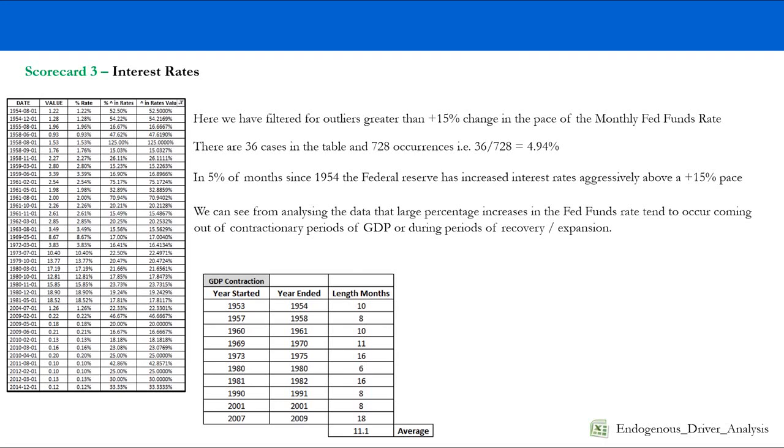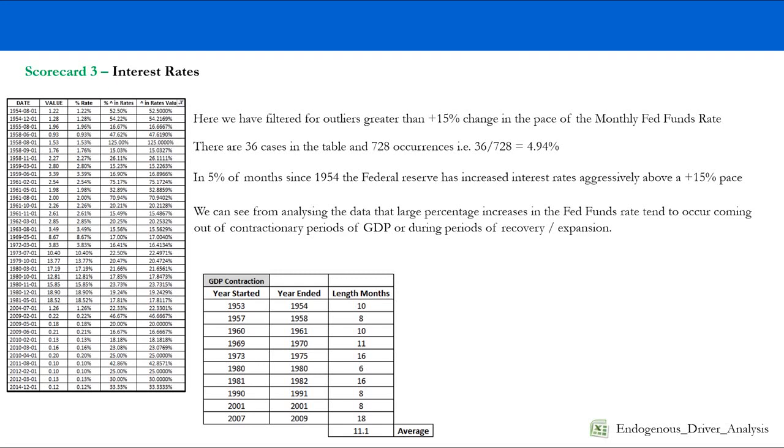We get 36 cases in the table out of the 728 occurrences, and that leaves us with 5% of occurrences. And therefore, in 5% of months in the positive outliers, in the data since 1954, the Federal Reserve has increased interest rates aggressively above that plus 15% pace.